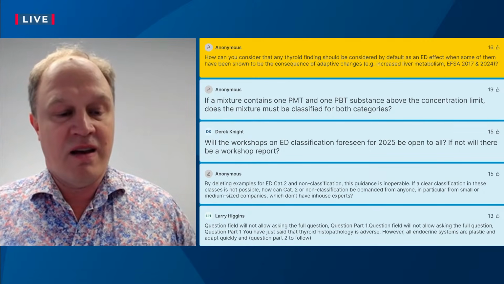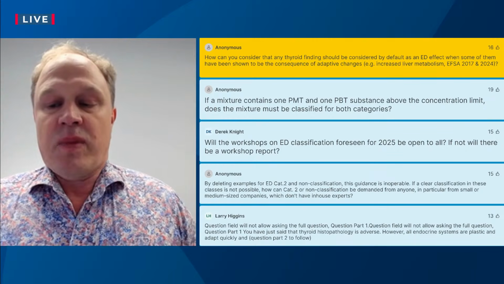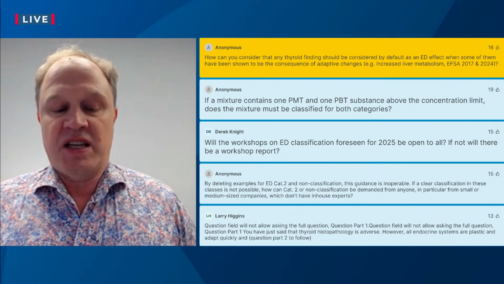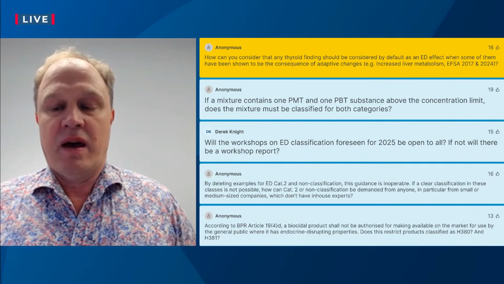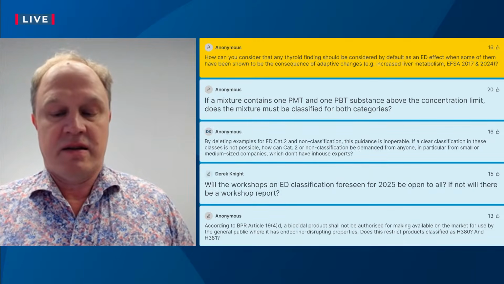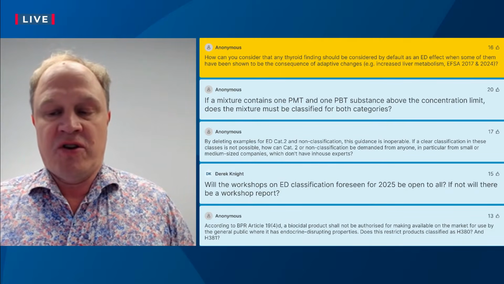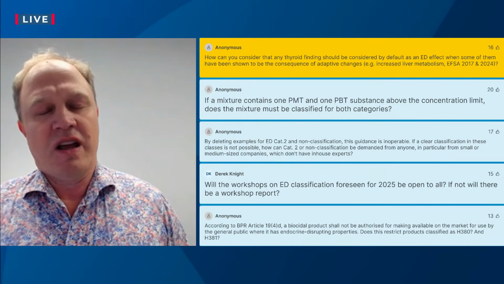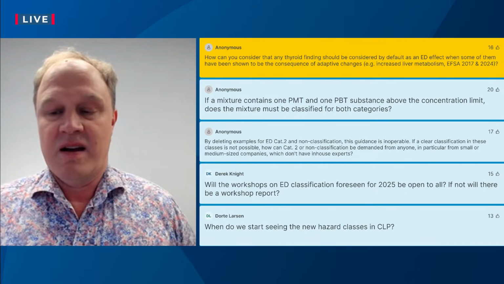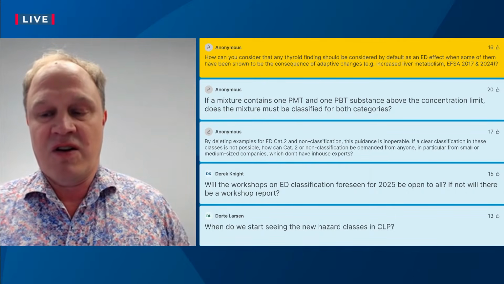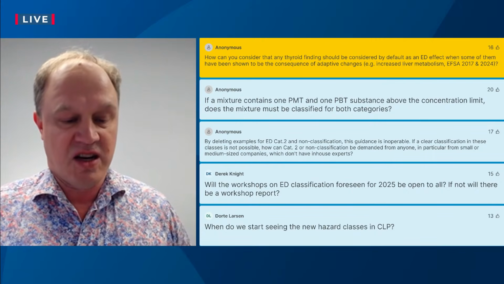And also the main concern for thyroid changes in the adults is that its effects on cognitive function in the developing fetus is affected regardless of whether it's a liver enzyme induction or something else that is a molecular initiating event.